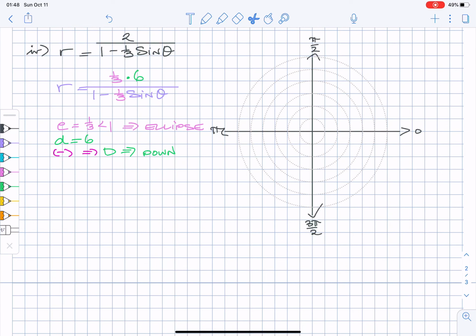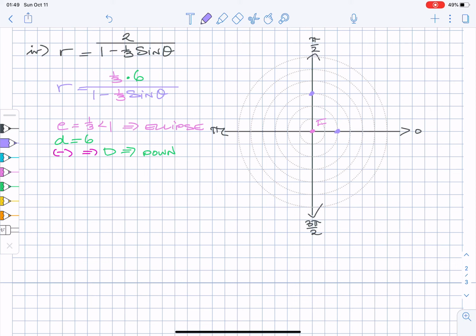Okay, so I know there's a focus at the origin. Now if I were to plug in 0, sine of 0 is 0, so my radius would be 2 in the direction of 0. If I were to plug in pi over 2, sine of pi over 2 is 1, which gives me 2/3 in the denominator, or 3 overall, 1, 2, 3, when I invert and multiply.